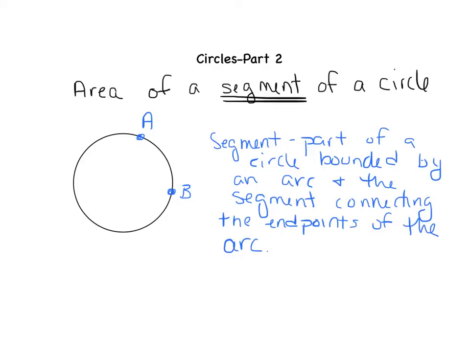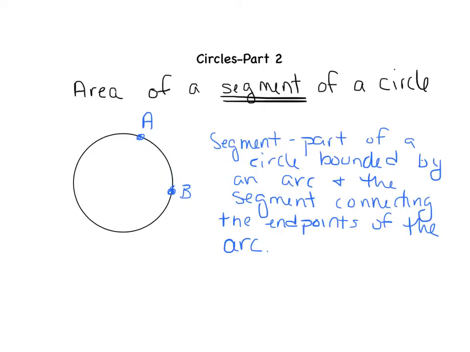So in this arc AB right here, we would have arc AB, and then we would have a segment connecting from A to B. And in here, this right here would be segment AB.